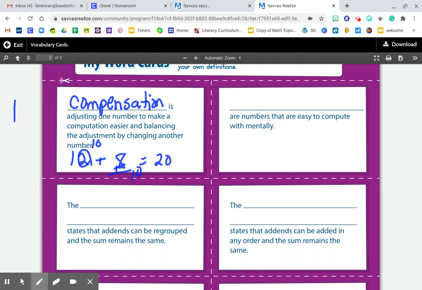If I wanted to subtract 17 take away 9 in my head, I could say 17 minus 10 is 7, but I only took 9 out. So I'm actually going to be left with 8. So that's compensation, and we'll talk more about that.